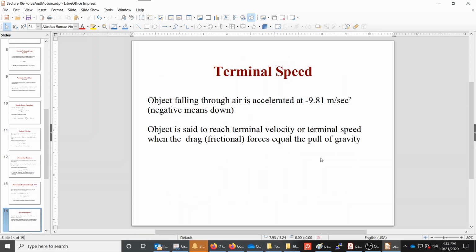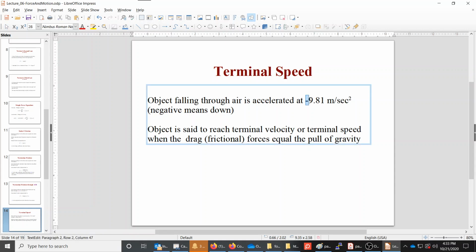Okay. So if we are falling through the air, if we're jumping out of an airplane, I don't know if any of you ever had the opportunity to do that, but if you do that, right, gravity is going to pull us down. So notice the negative sign means that gravity is pulling us down. Now, this isn't a velocity.